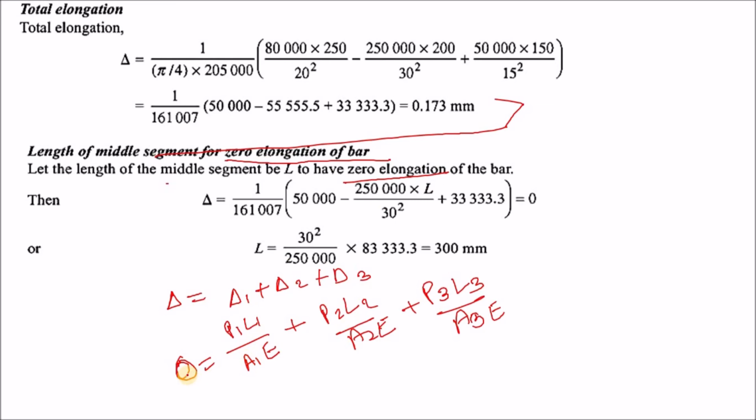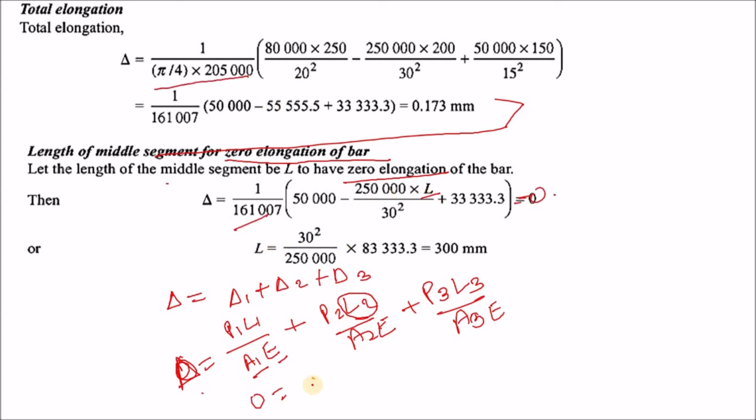So keep del equal to 0, and 0 will be equal to all these things. Load value for the first one into L1, then A1 E1. Only here don't put any value. On this side 0, all values are known. So put the values from the question and you will get the answer for the length here.